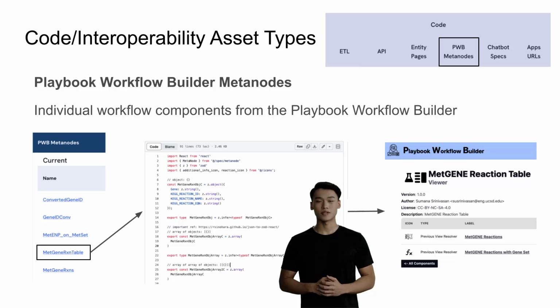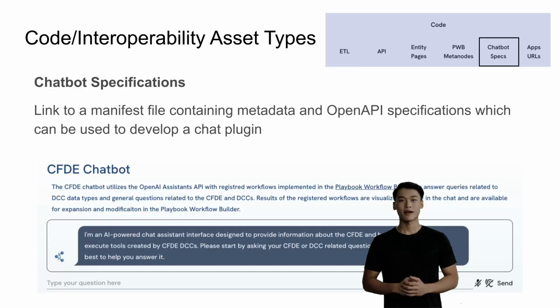Playbook Workflow Builder Metanodes are individual workflow components from the Playbook Workflow Builder. The chatbot specifications URL is a link to a manifest file containing metadata and OpenAPI specifications, which can be used to develop a chat plugin for large language models. You will see the CFDE chatbot in the later part of the video.